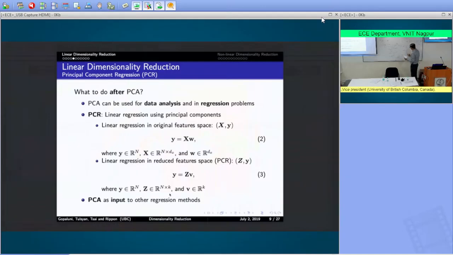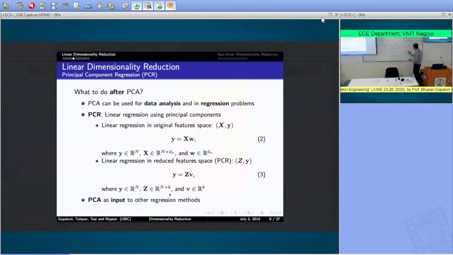Now, if I were to plot the variance captured by a principal component against the principal components, PC1, PC2, and so on, the first principal components capture quite a bit of variance, because the variance captured by each principal component is proportional to the corresponding eigenvalue, and your principal components are essentially the eigenvectors corresponding to the eigenvalues in decreasing order.